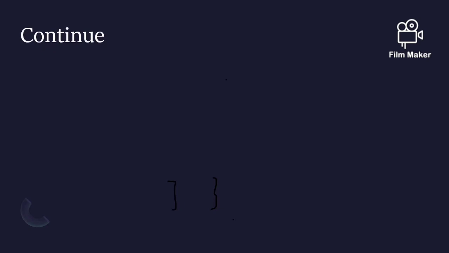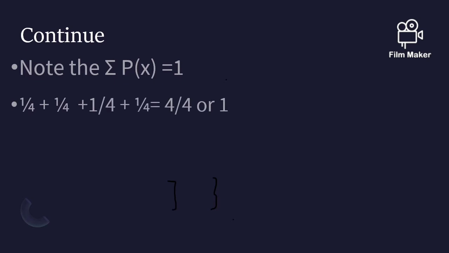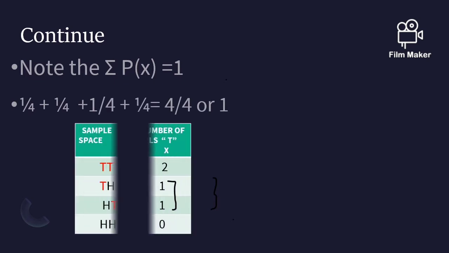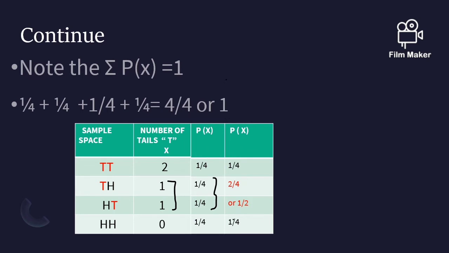Again, let's continue. Note, the summation of P(X) should always be equal to 1. So we will add 1/4 plus 1/4 plus 1/4 plus 1/4.